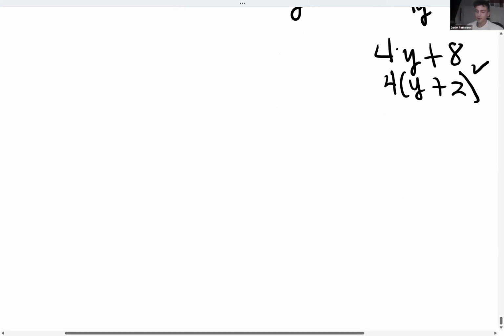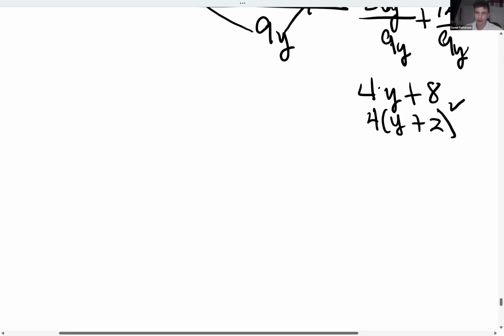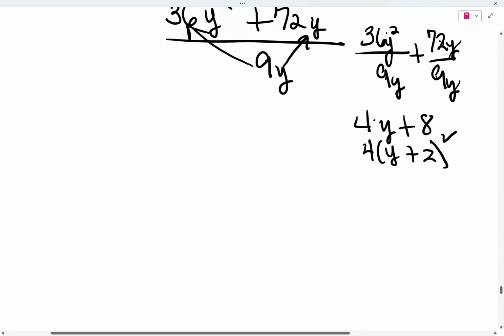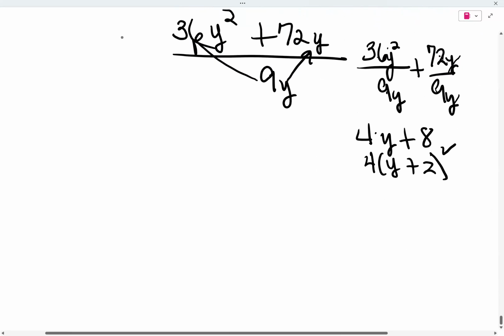But you said you would get y plus 2. I got 4y plus 8 over y. There's no y. The y is, okay, so go back here. Remember, this 9 goes into 36 4 times, and y squared divided by y is just y itself on the top. 9 goes into 72 8 times, the y's cancel.